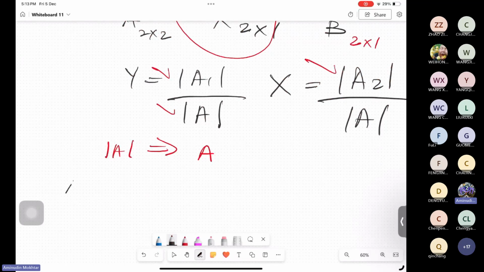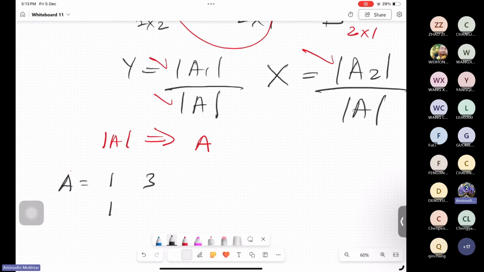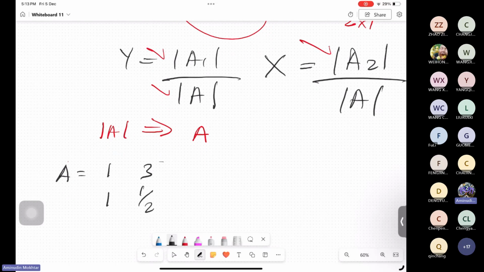In order to find the determinant of A, you need to know what A is. A is equal to 1, 3, 1, and 1 over 2, based on the matrix form AX equal to B. That's A.